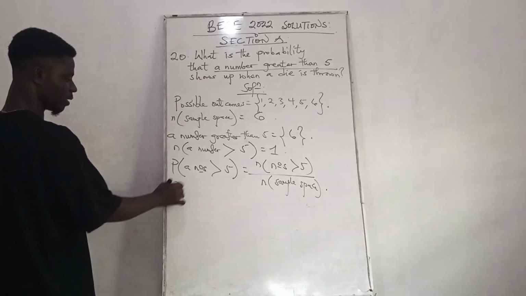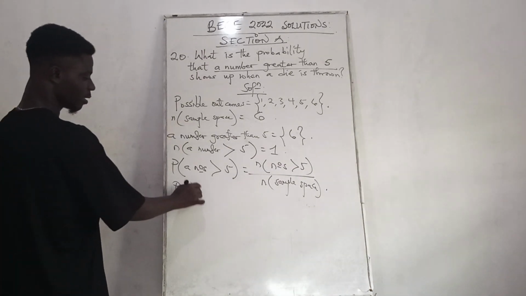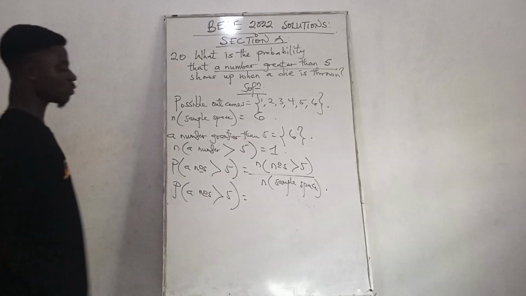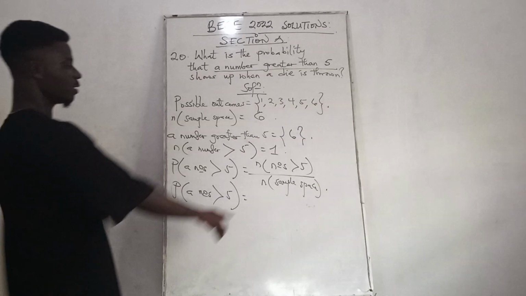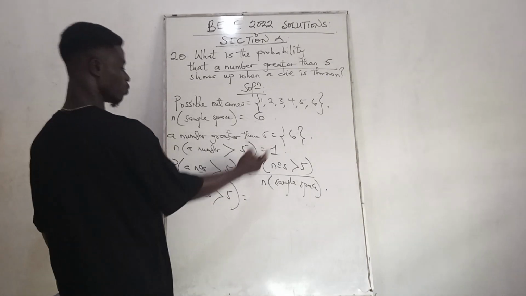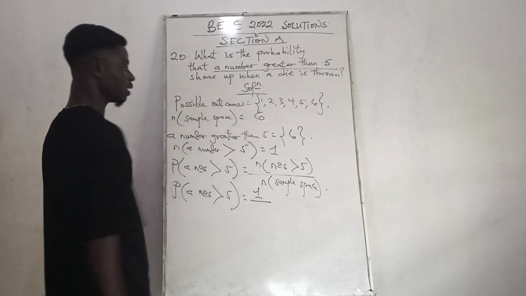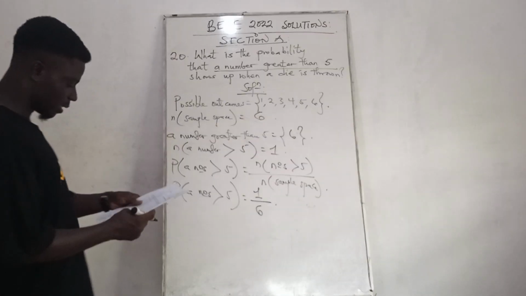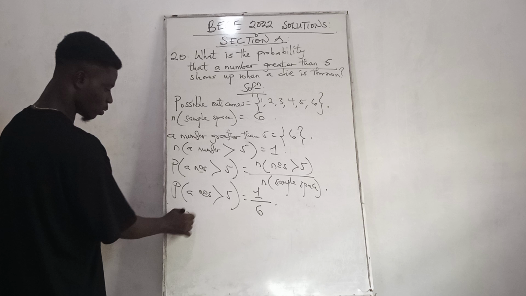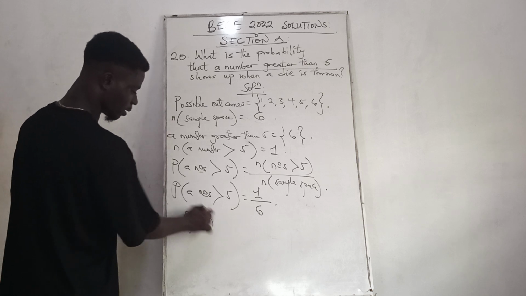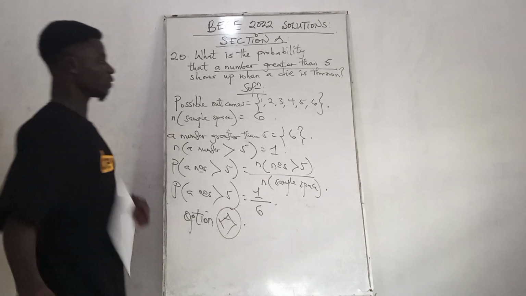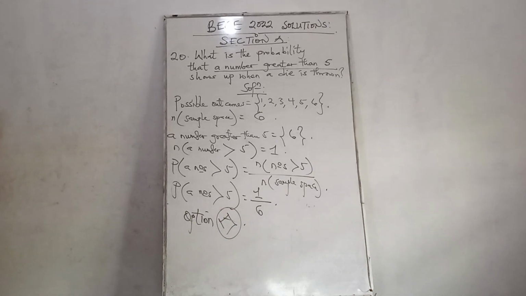So the probability that a number greater than 5 is equal to the number of elements for this, which is 1, all over the number of sample space, which is 6. So we can say that our option is option A. Very, very simple.